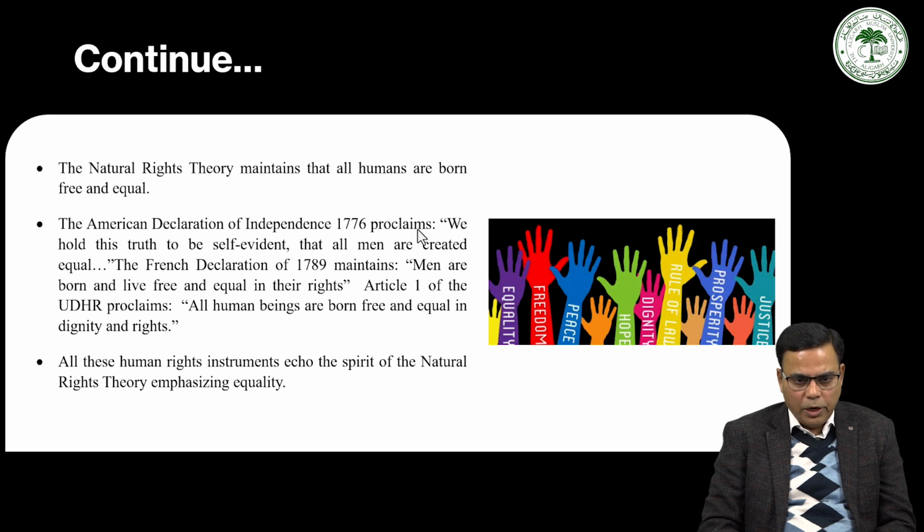All these human rights instruments echo the spirit of the natural rights theory, emphasizing equality. When we discuss the American Declaration of Independence, the French Declaration of 1789, or the Universal Declaration of Human Rights, we give these examples to make you understand that they all echo the spirit of the natural rights theory, which emphasizes that men are born free and equal in dignity and rights.